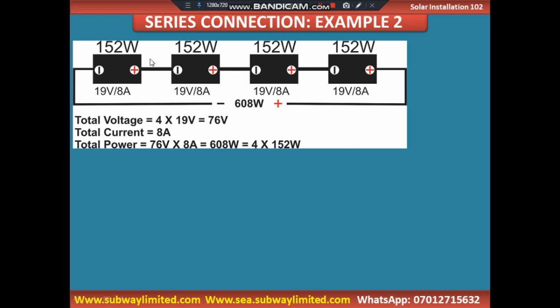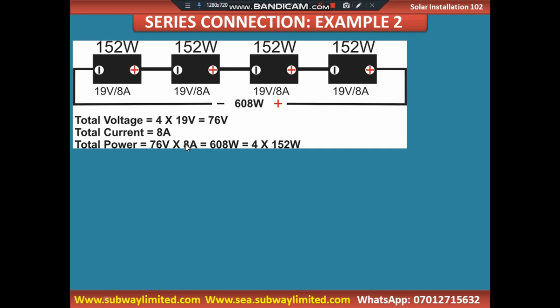The power here will be, we are having total power. You should recall that P is equal to IV. Total power is equal to the voltage multiplied by the current.